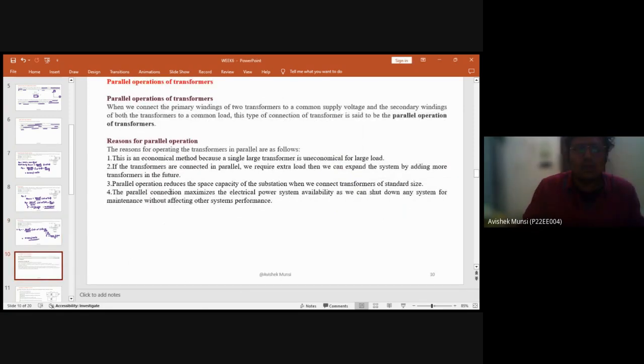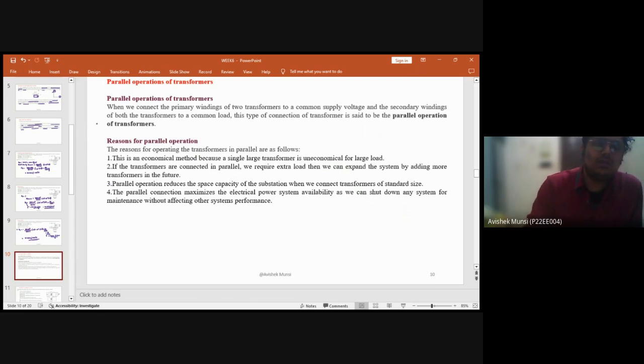So the next part we are discussing is the parallel operation of a transformer. Whenever we have more than one or two transformers required for a larger purpose, we parallel those transformers for better operation in case of transmission lines.